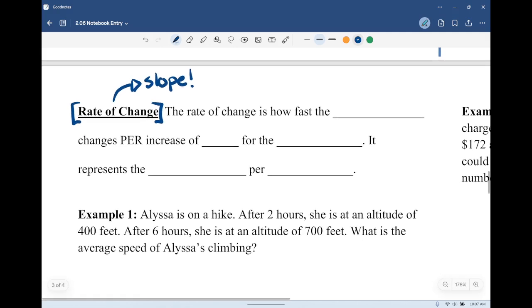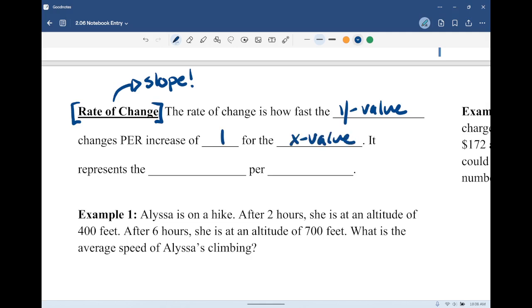And so the rate of change is how fast the y value changes per increase of 1 for the x value. Now, what this first sentence is saying, right, is when we have used slopes and unit rates before, it's always things like cost per 1 month, right?